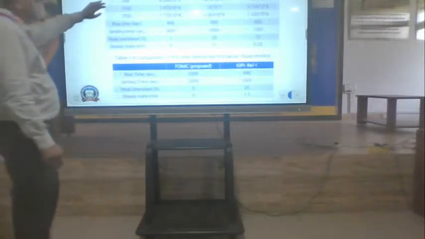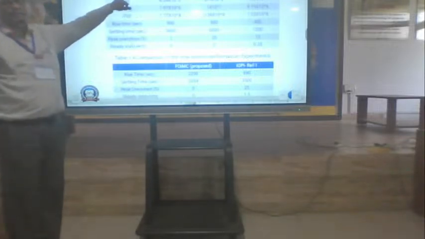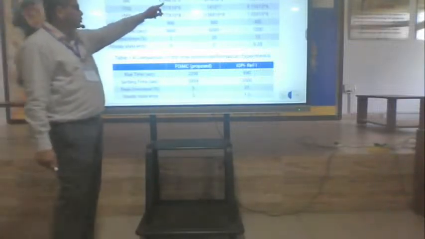If you take IAE, integral absolute error, the values are 4.24 into 10 to the power of 3, 8.7 into 10 to the power of 3, 4.36 into 10 to the power of 3. If we compare these three controllers for the parameter IAE, which one is giving the least value?